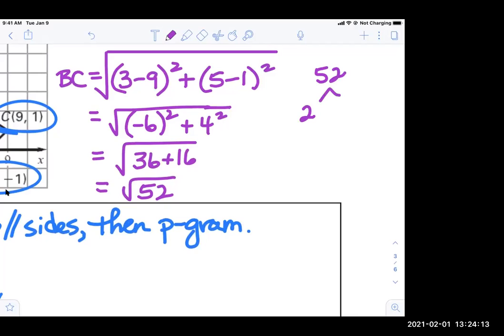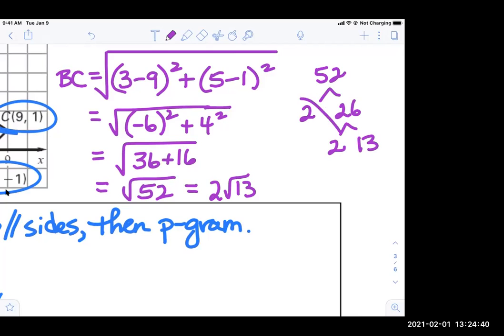Two and what? 26. And then 26 is 2 and what? 13. And then those are all primes. So this turns into what? 2 square root 13. Right.